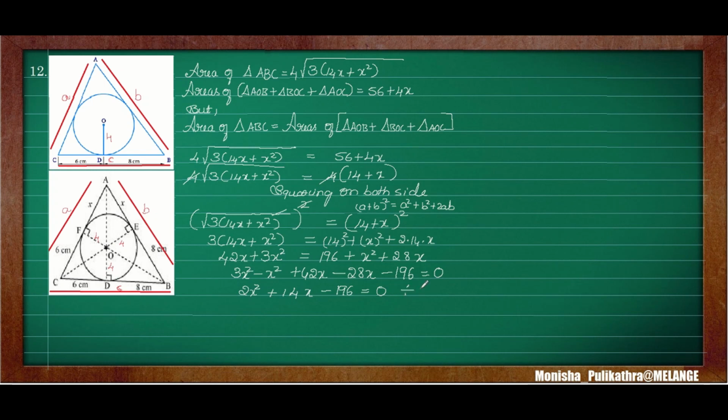So I will be dividing throughout by 2. Divide by 2, divide by 2 and divide by 2. So here the 2 cancels. Here 2 1s are 2, 7s are 14. Here 2 9s are 18, 2 8s are 16. The remaining equation will become x square plus 7x minus 98 is equal to 0.